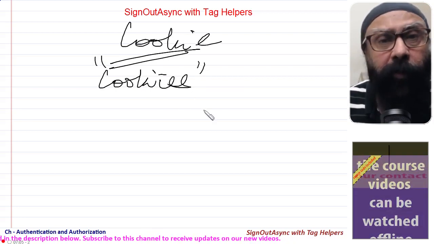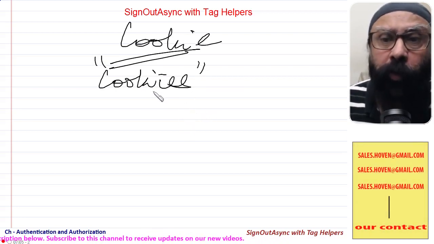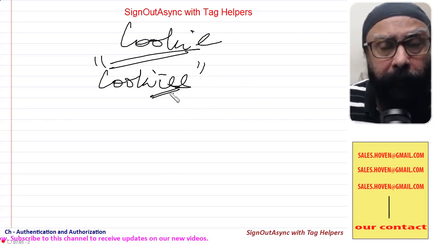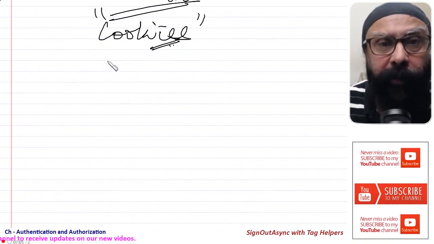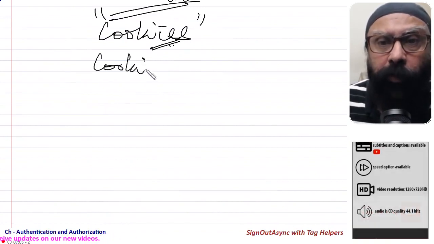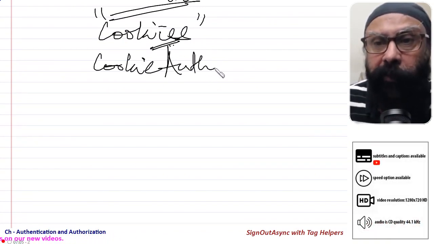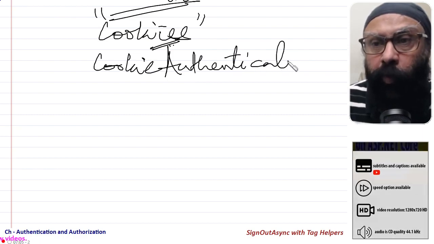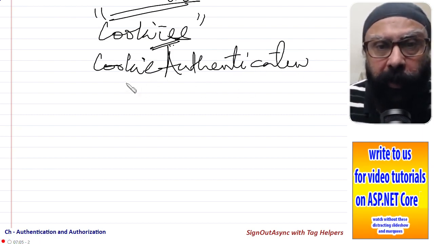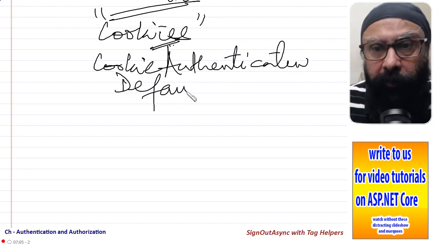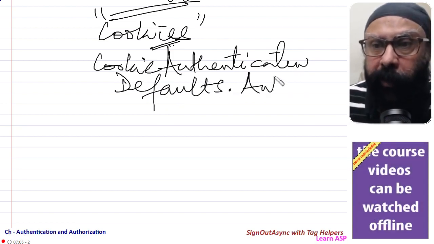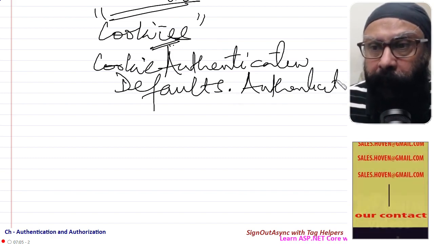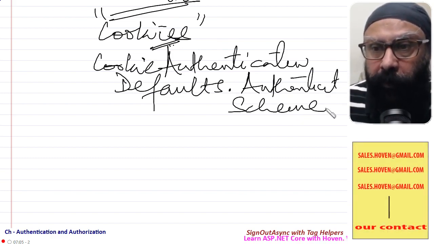I told you in the last tutorials also that this string is actually available as a predefined constant, and its name is CookieAuthenticationDefaults.AuthenticationScheme.